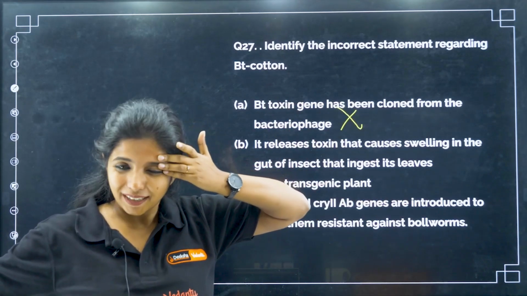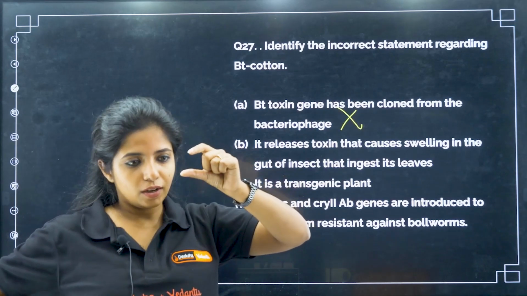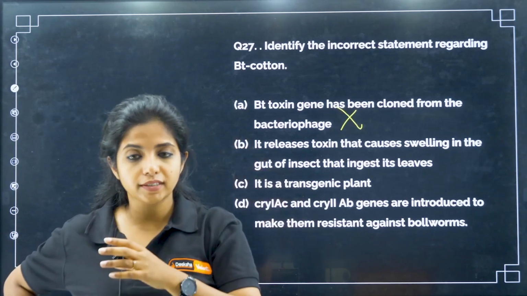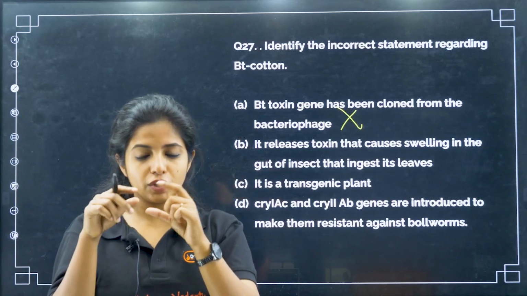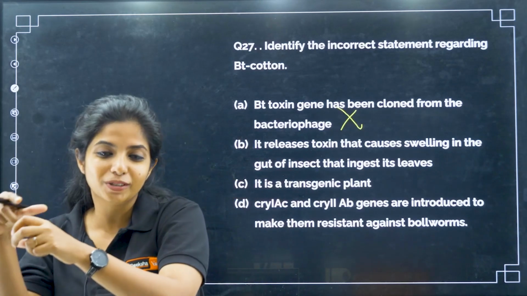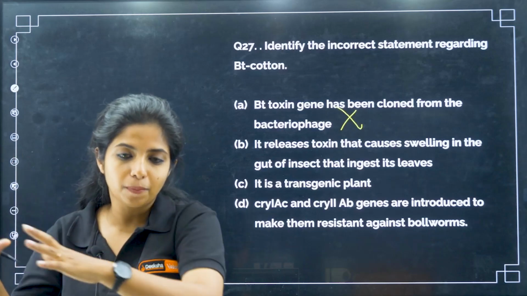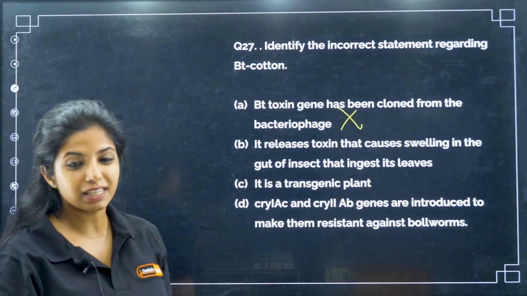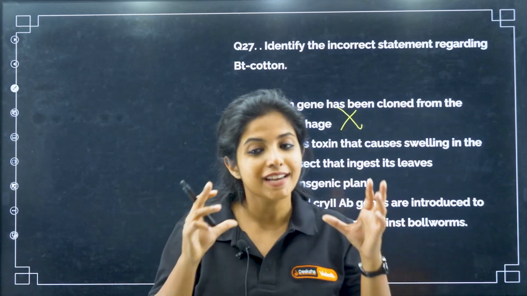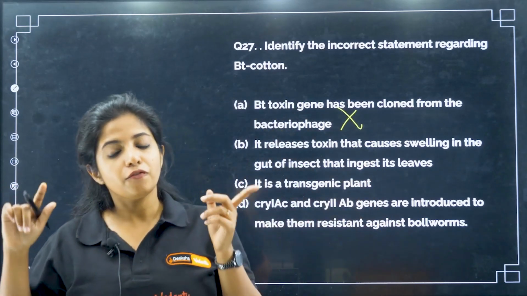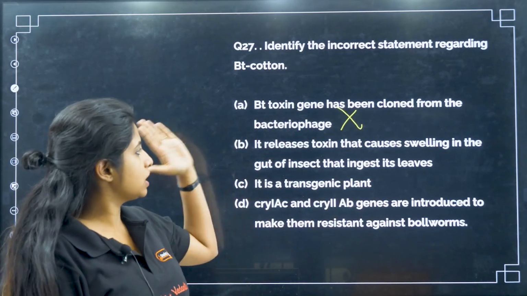There is another type of bacteria that usually infects the plant. I am going to take the part that infects and put something into it so that it goes and puts this particular gene of interest into the plant that we are looking for. So that is like a vector. Agrobacterium tumefaciens is like a vector, the one that transports the gene. Where am I getting the gene from? From Bacillus thuringiensis. So anyway, the statement is wrong.